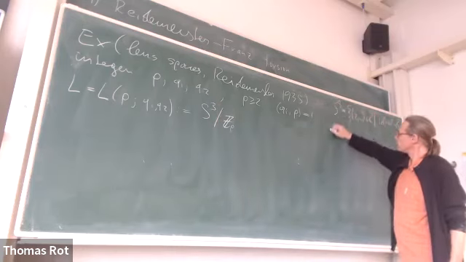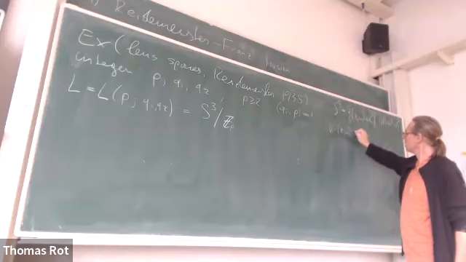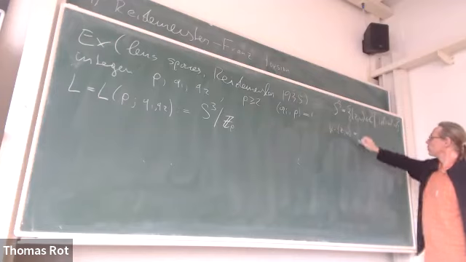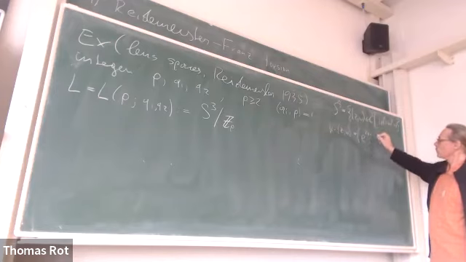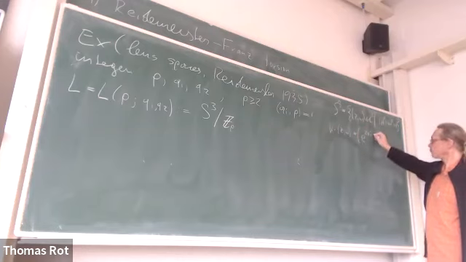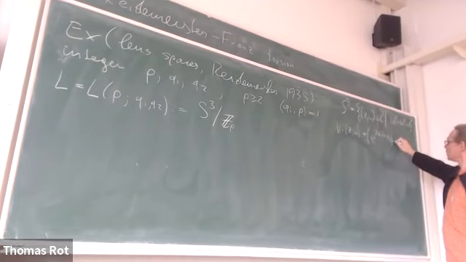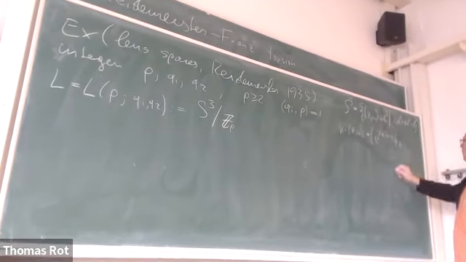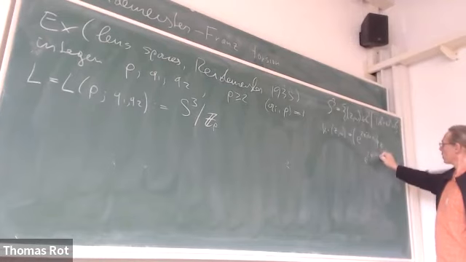So k acts on the couple (z, w) by definition. When you multiply the first variable by e to the 2 pi i k Q1 over P, and in the second variable, we use Q2.